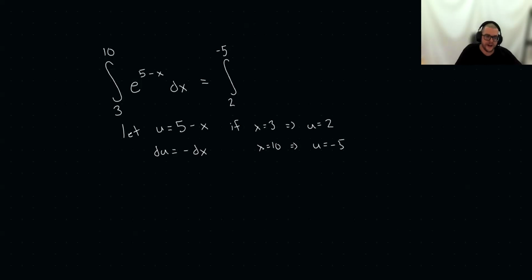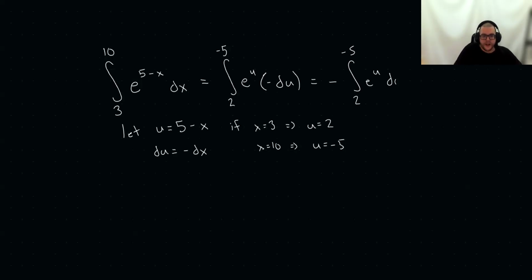And then I get e to the u times negative du. Oops. Which is negative, I factor out the negative now. Get this.